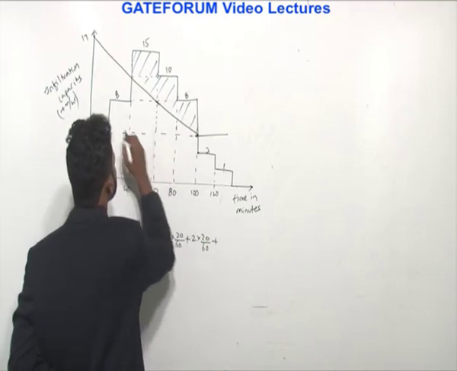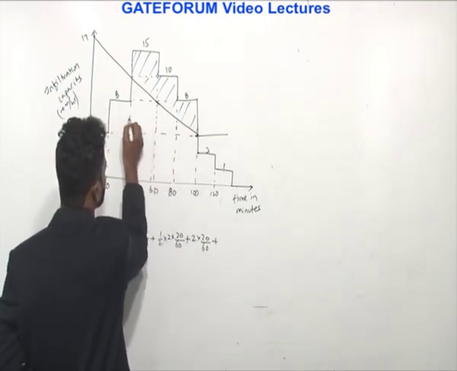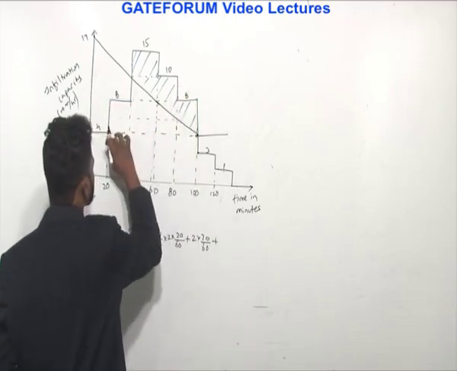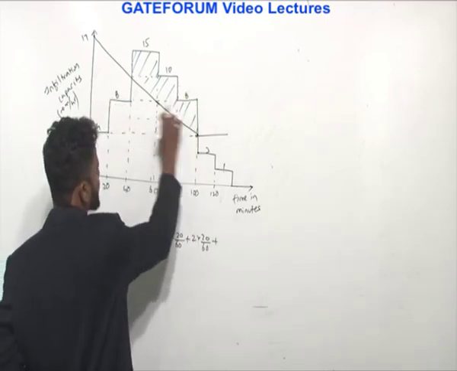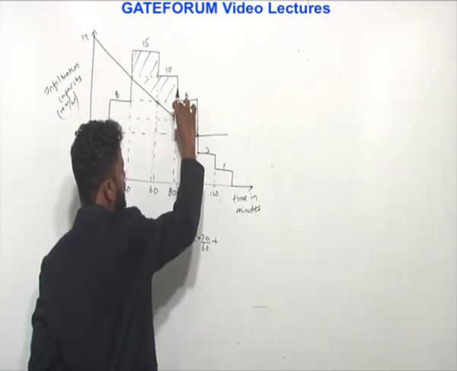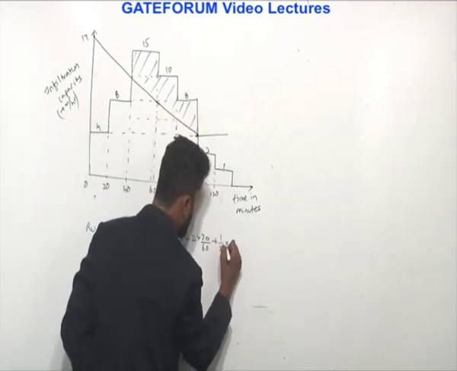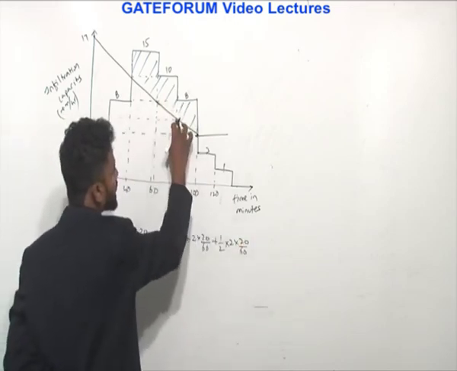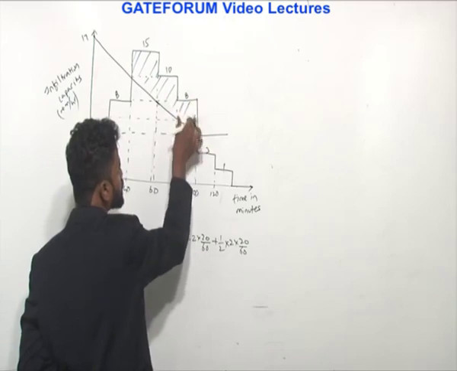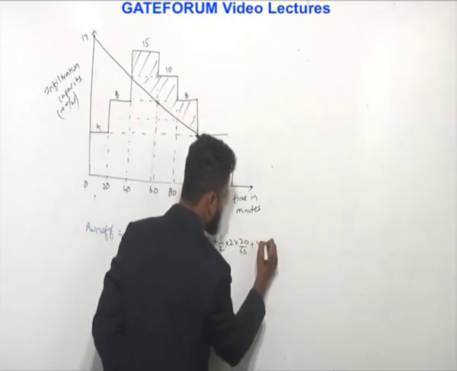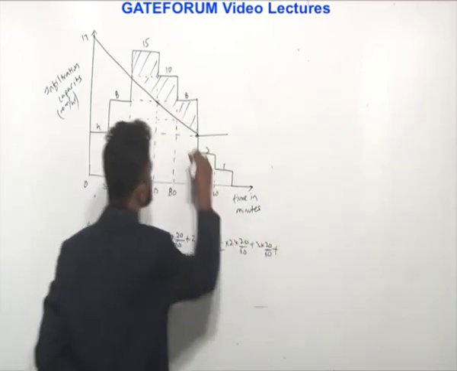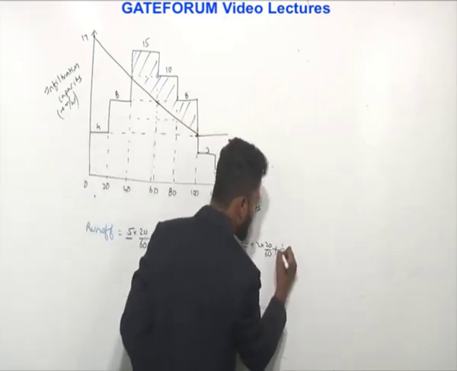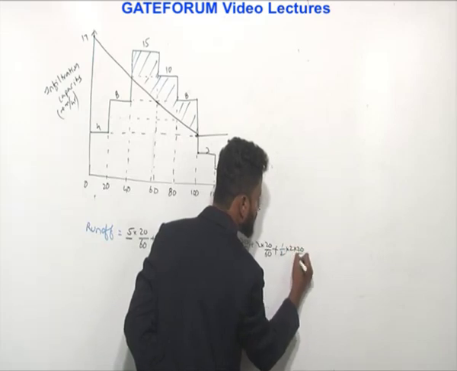plus this triangle. If this is 8 and this is 4, this would be 6 approximately, so 8 minus 6 is also 2, half multiplied with 2 into 20 by 60. From this you get this triangle area, and then this rectangle is also 2 multiplied with 20 by 60, plus this triangle area, once again half into 2 into 20 by 60.